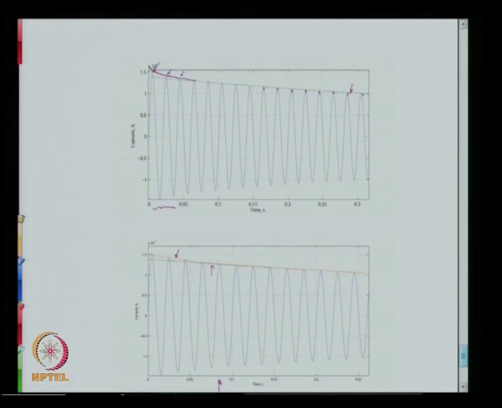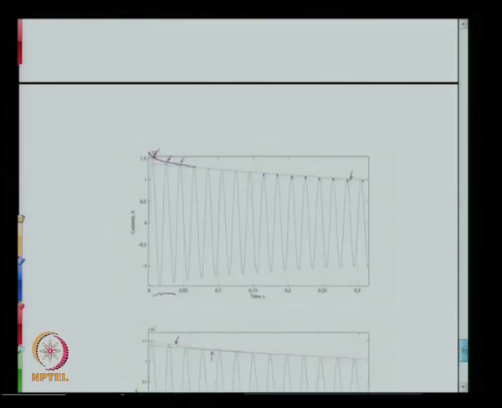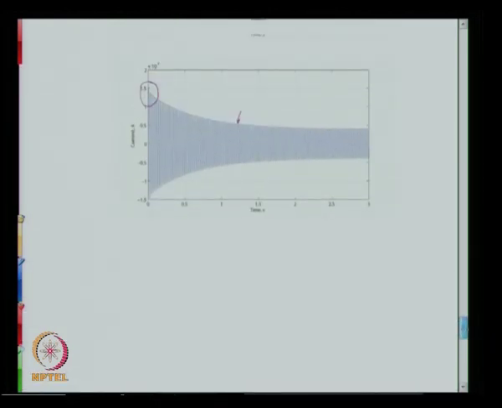After that this does not contribute to anything, and therefore there is no effect of this term. So this region can be called the subtransient region, where the effect of the T double dash D term is felt. That is the initial portion of this graph.